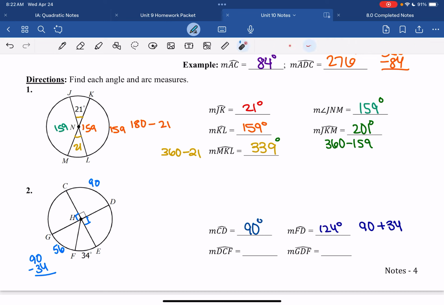Now arc measure DCF. D to C to F. So that's going to be a 90 and 90 and a 56. So 180 plus 56. So we get 236.